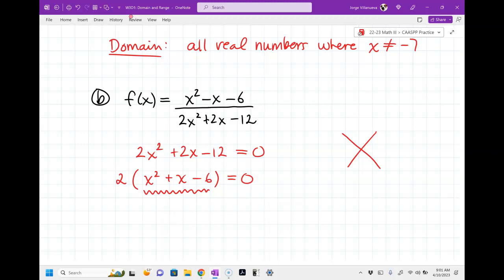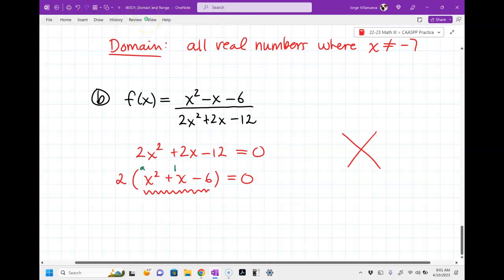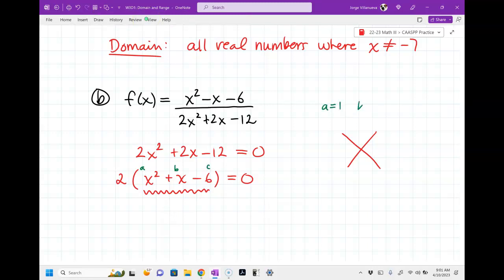My a term is, let me use a different color here. My a term is a 1, my b term is a 1, my c term is a -6. So a is 1, b is 1, c is -6. So a times c is -6, b is 1.